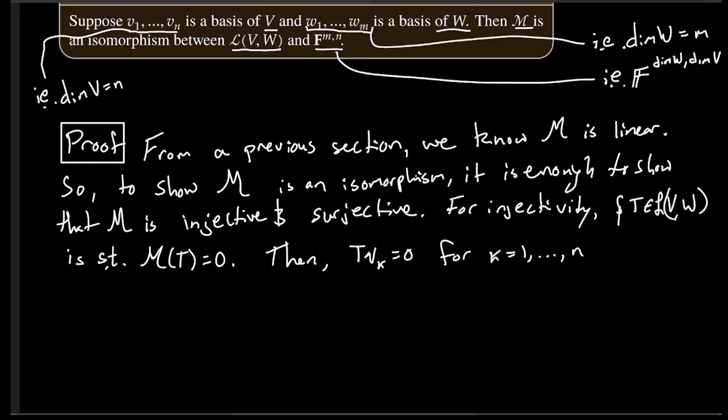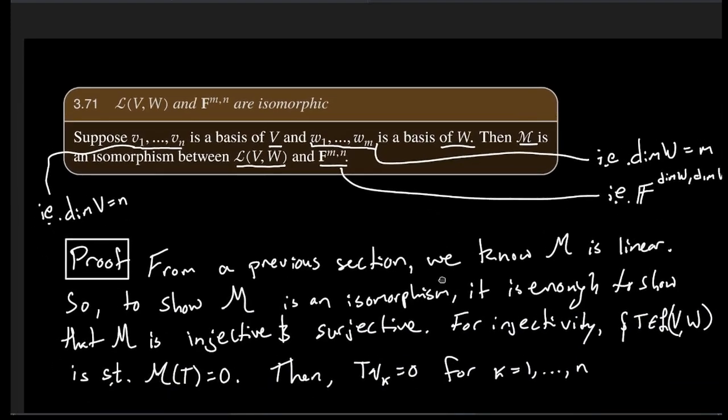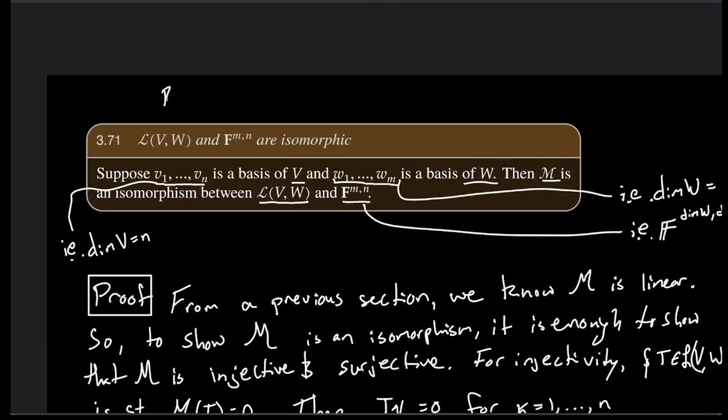If you'll recall, I'll write this up here briefly. The way that M is defined is as follows. Let A be the matrix of T with respect to these bases. The whole gist of it is as follows.